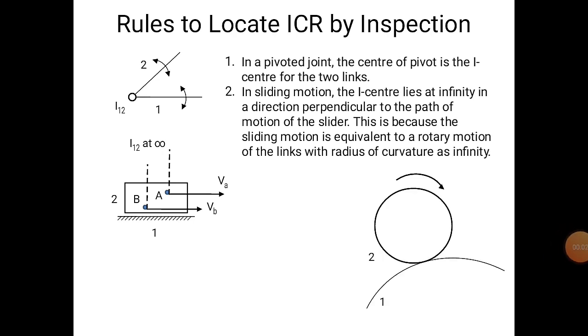In the third case, let us consider two links 1 and 2 having relative rolling motion. So link 2 rolls over link 1.